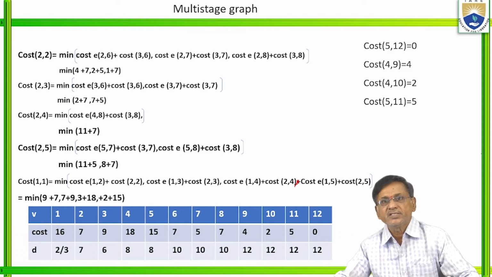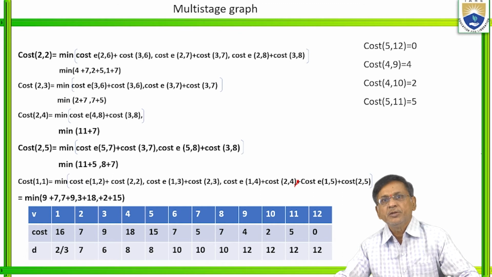Then we have to consider the cost of the vertex. Cost of vertex 2 is 7, cost of vertex 3 is 9, cost of vertex 4 is 18, cost of vertex 5 is 15. So, now find out the values. 9 plus 7 is 16, 7 plus 9 is 16, 3 plus 18 is 21, 2 plus 15 is 17.